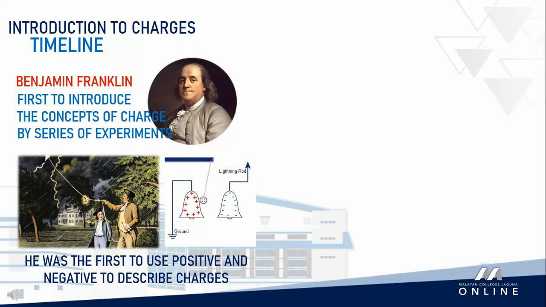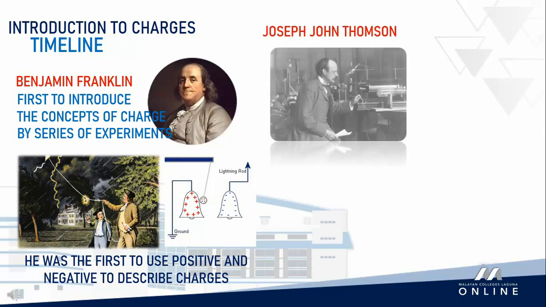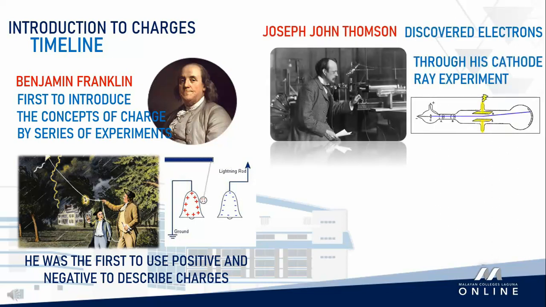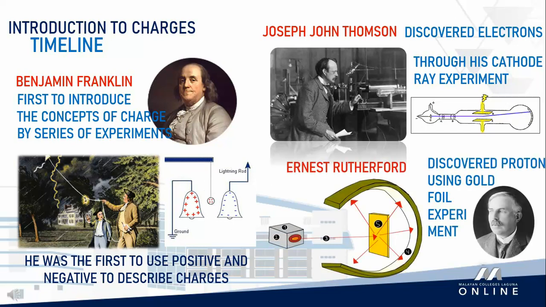In 1897, J.J. Thomson discovered the presence of the electrons. Through a series of experiments, he found that all electrons present in every atom have the same charge. This was supported by Ernest Rutherford when he showed that atoms contain protons that have an opposite charge of an electron.